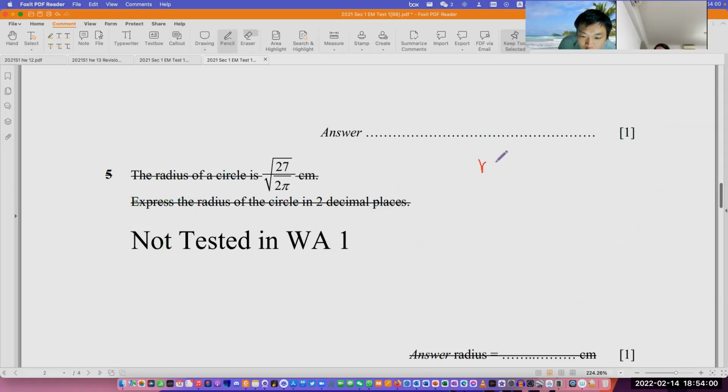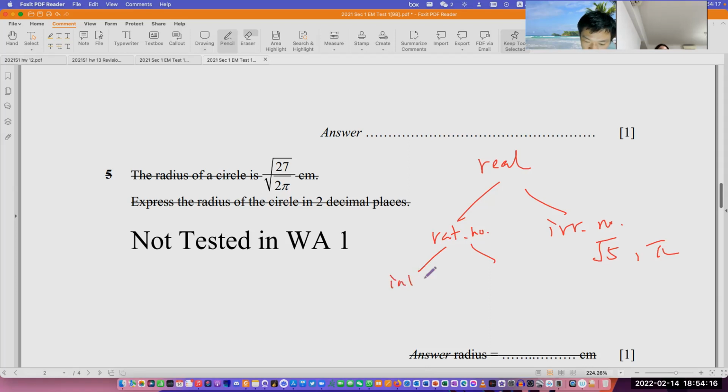Okay, so the map will be: real, then you have irrational numbers and rational numbers. The example you give yourself for irrational is square root 5 and pi. And for rational, you give yourself integer and fraction.